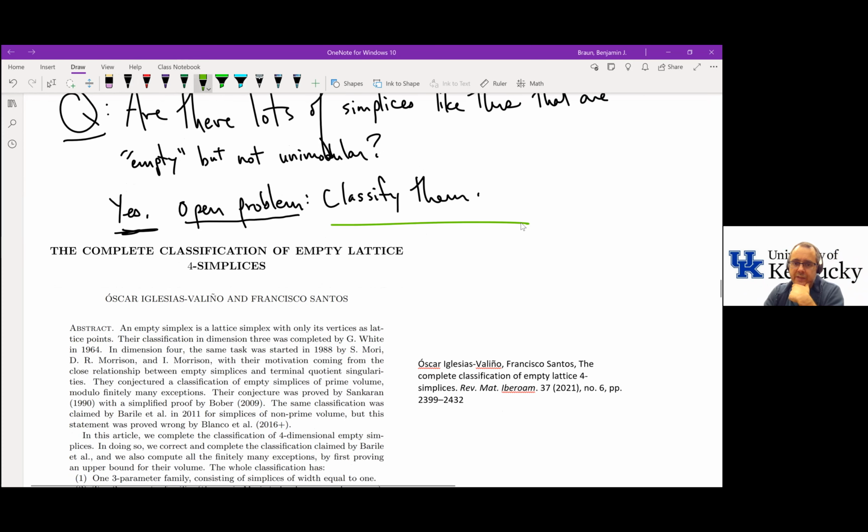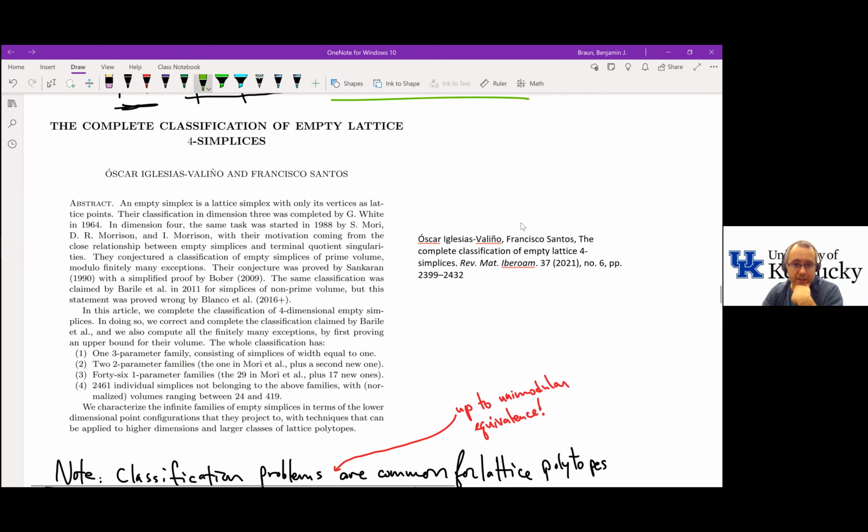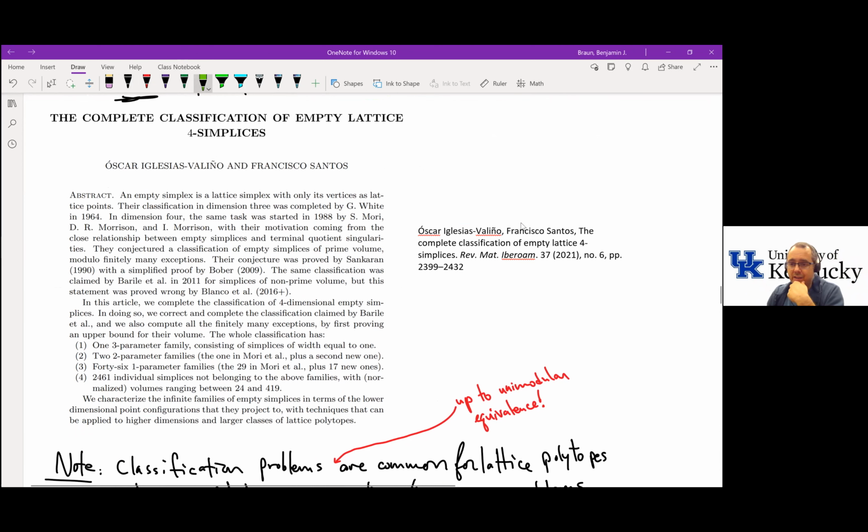The classification of 3-dimensional empty lattice simplices was done in the 60s by White. And the 4-dimensional classification was just published last year. This description tells you what it looks like. There's a 3-parameter family, 2 2-parameter families, 46 1-parameter families, and then there are 2,461 exceptional cases.